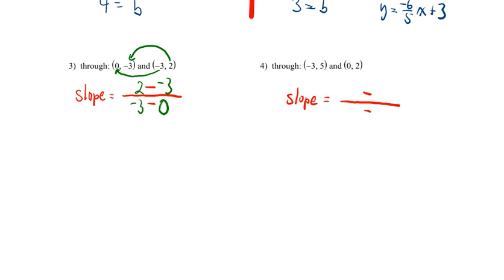Let's do the same thing over here. 2 minus 5 on top. 0 minus -3 on the bottom. Again, use a calculator if you need to. This is going to be +5 on top, -3 on the bottom.